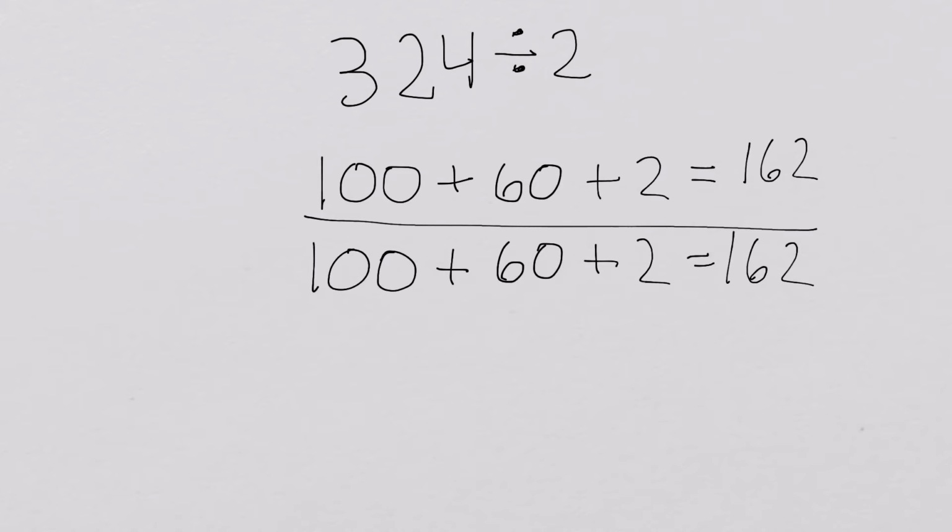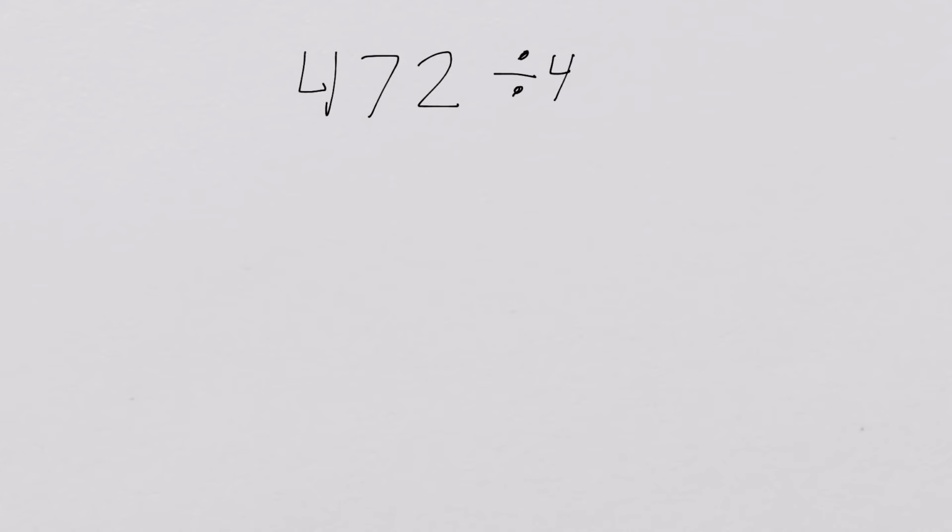Let's try a different example now. So for this example now, we're going to try to divide 472 into 4 equal groups, or divide 472 by 4. Well, we can start off just like last time, where we are going to start dividing up our hundreds. We have a 4 in the hundreds place, so we have a total of 400.